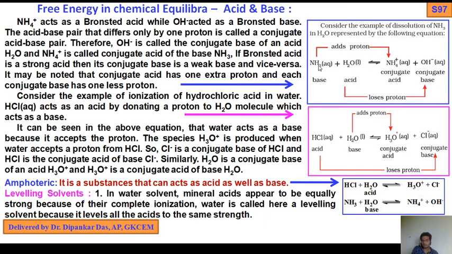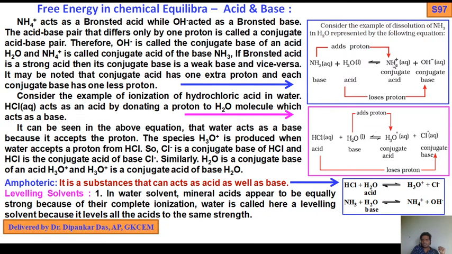You add a proton, then it becomes NH4 plus, due to the lone pair engaging to take up H plus. So NH3 plus water gives NH4 plus and OH minus. Similarly, here there is a loss of proton, so it will become OH minus, the conjugate base.